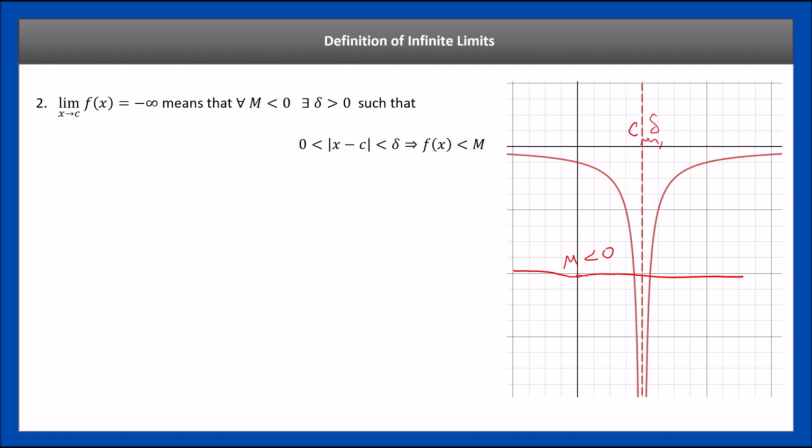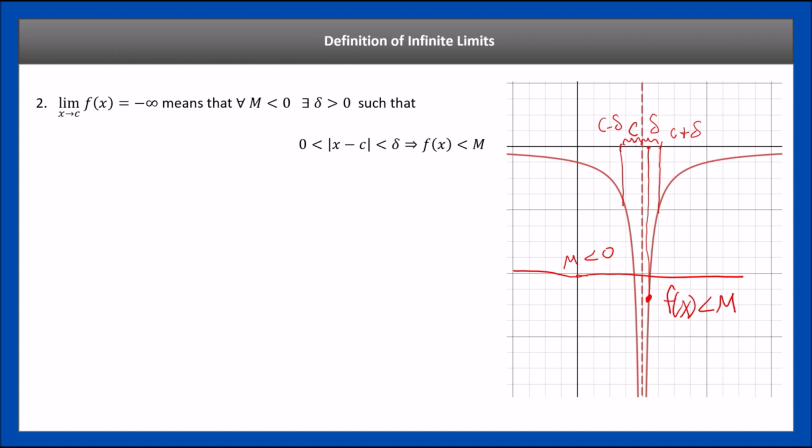So again, this would be c plus delta and this would be c minus delta, such that there's an x in between here and an x in this interval that I could pick, and I would find a value f of x that's less than m.